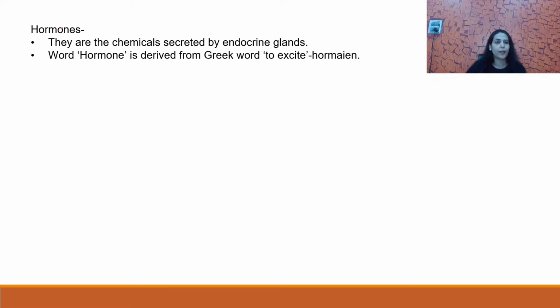Hormones are chemicals secreted by endocrine glands. The word hormone is derived from the Greek word that means to excite.